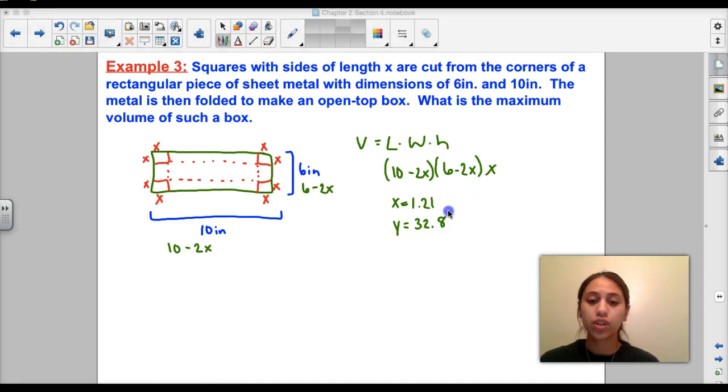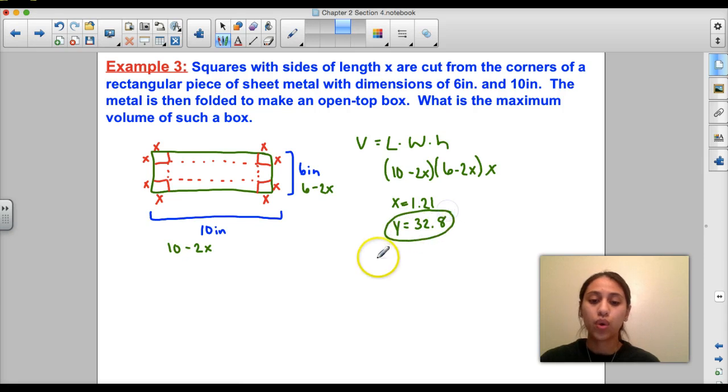Okay, and remember, it's always our y value that gives us your maximum or minimum. So final answer is the maximum volume is equal to 32.8, and our units is inches. Volume is always cubed. So this is actually our final answer.